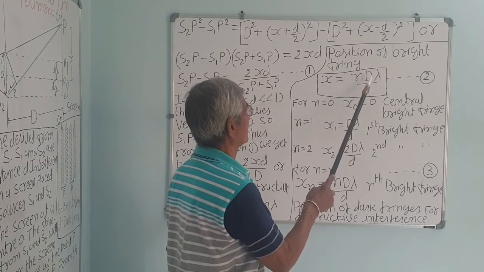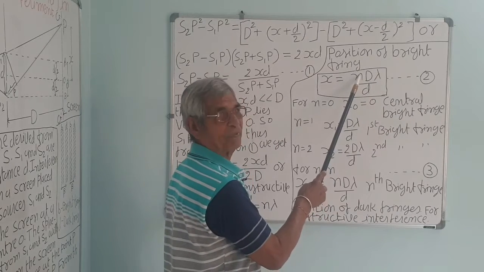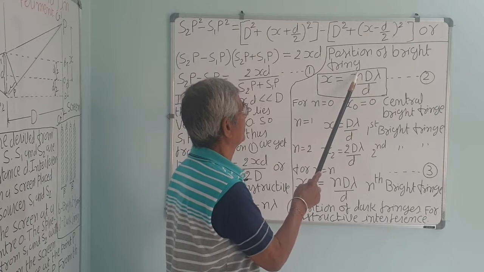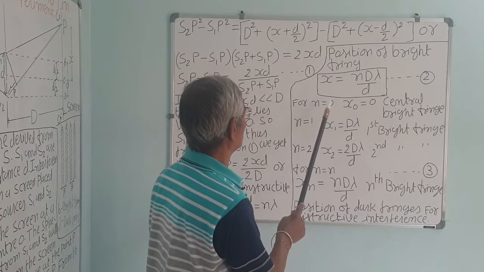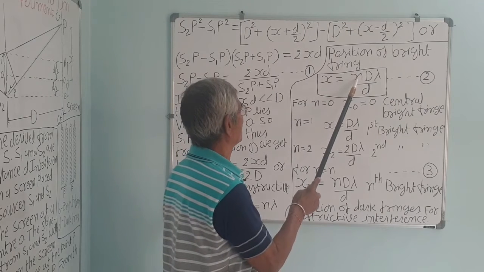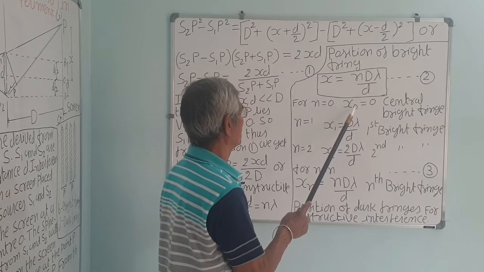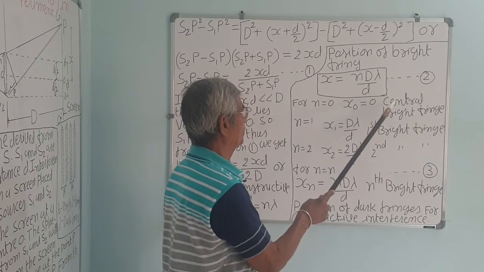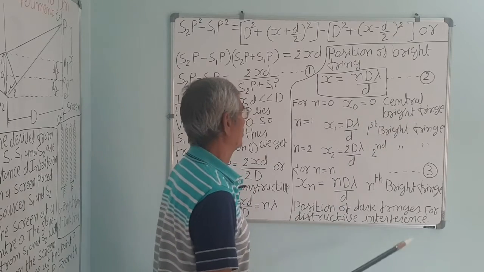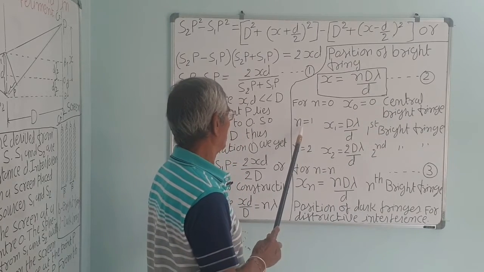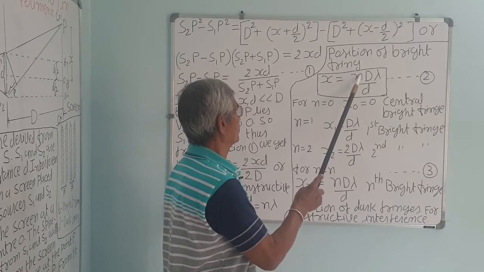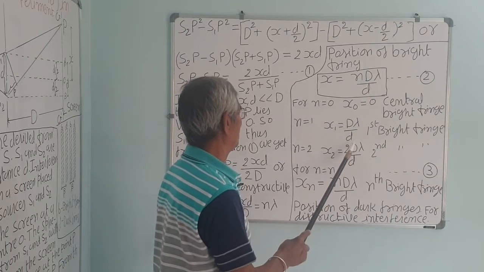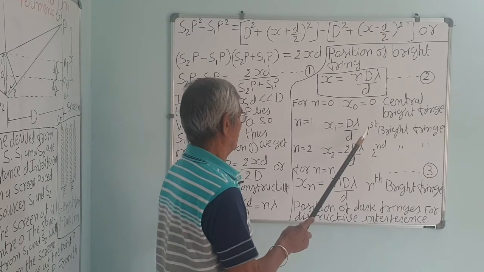For the first fringe x1, n is equal to 1, that is lambda D upon d. When n is equal to 0, there is the central bright fringe at point O, that is x0 is equal to 0.